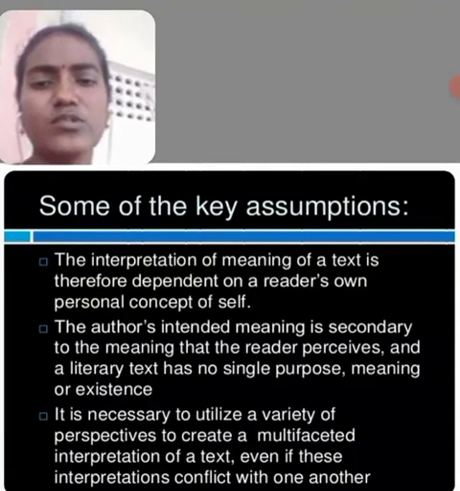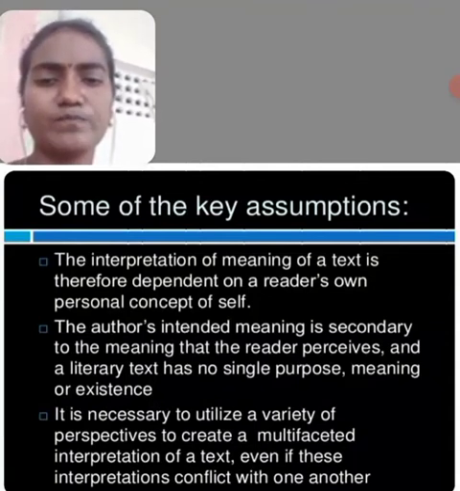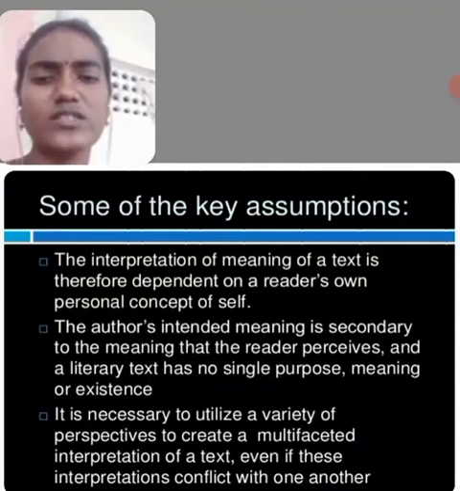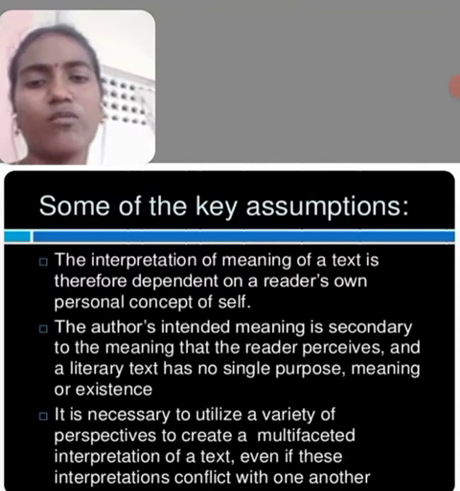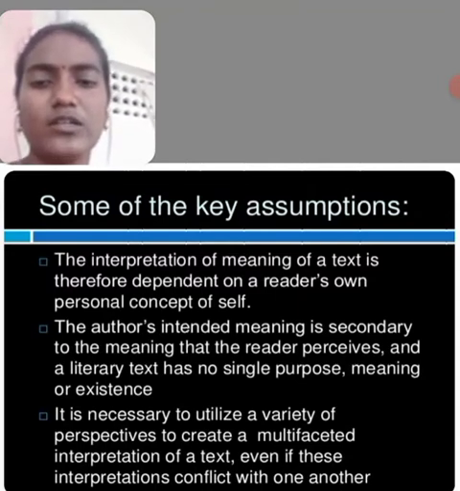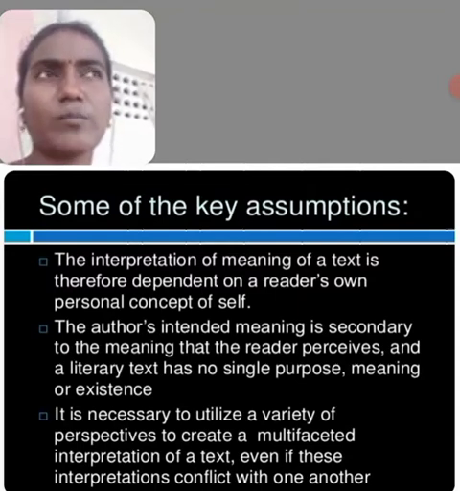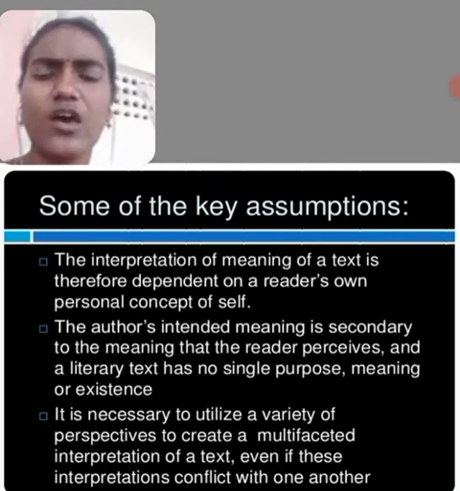Some key assumptions of post-structuralism are given here. The author's intended meaning is secondary when the reader perceives it. So it is a keynote of post-structuralism. The text has no single purpose or meaning or existence. From the reader's perspective, it changes from one reader to another.